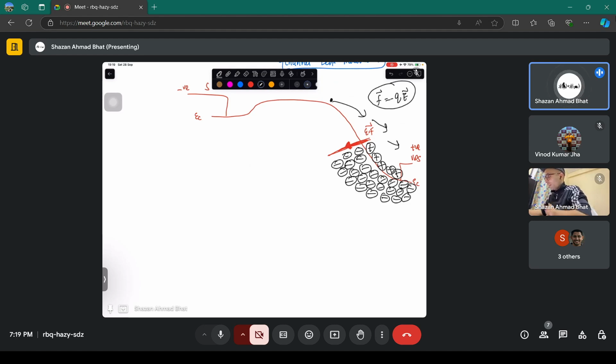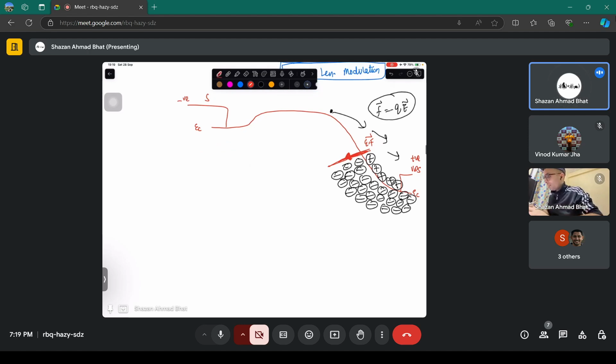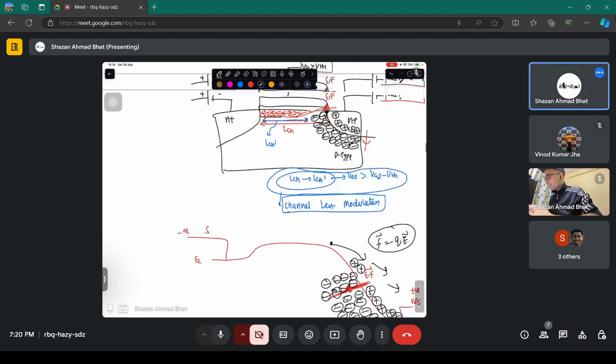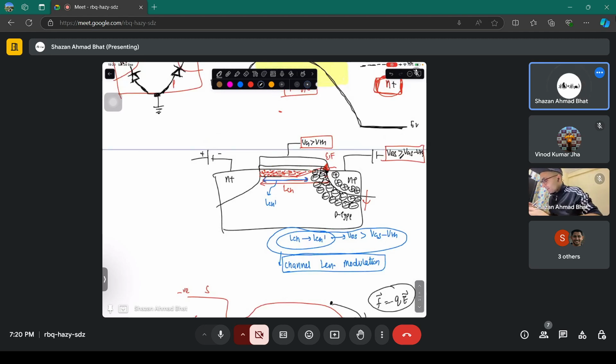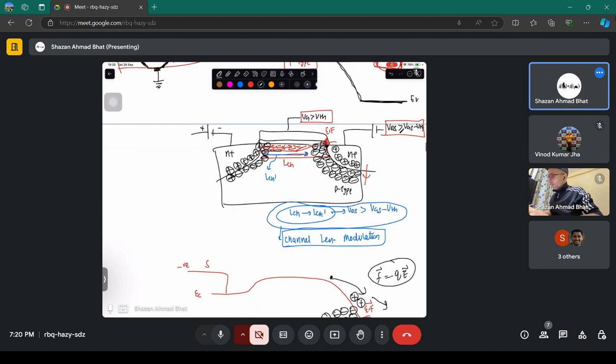And point number two is this particular depletion charge, which is also present at these regions. Let me draw it like this. And what happens when you apply a gate voltage greater than the threshold voltage?